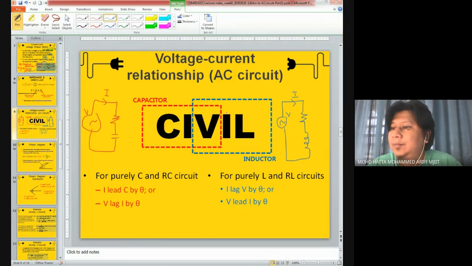So here, look at the red box. I comes first and later on V, so that's why I leads. This is not C, this should be V. Let me erase this first. This should be V. I leads V by theta degrees.